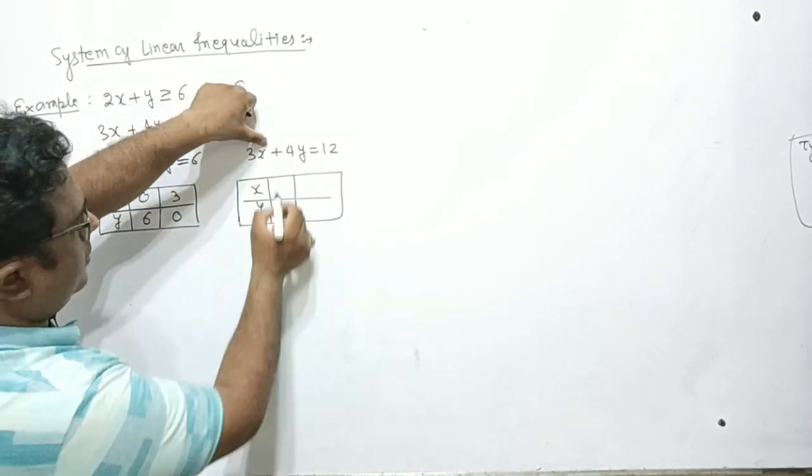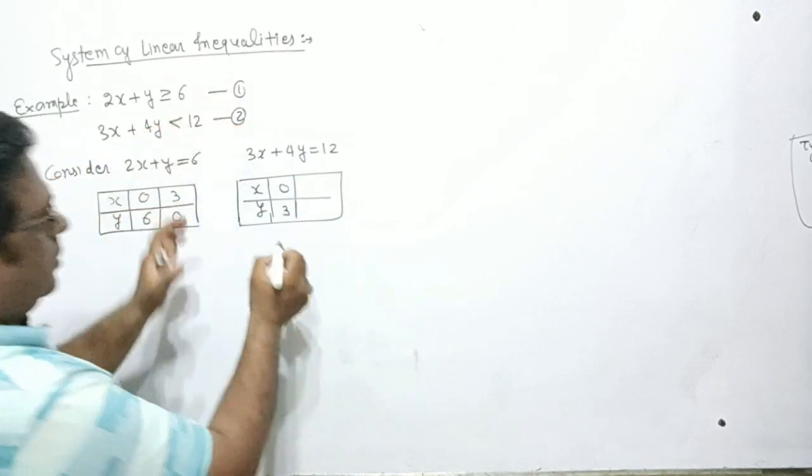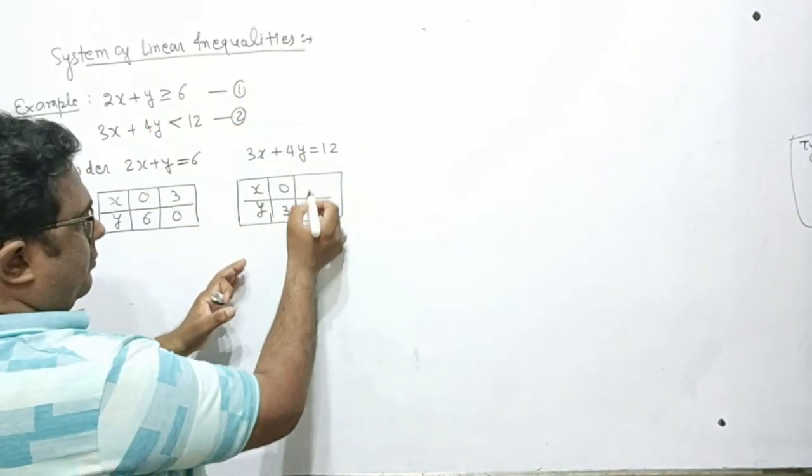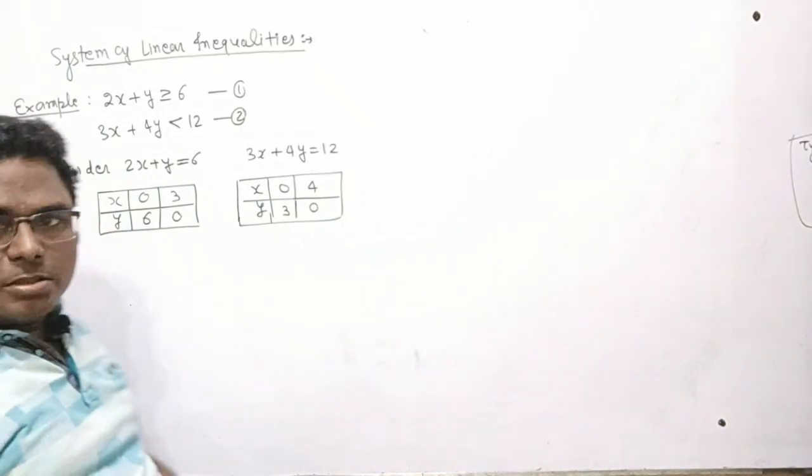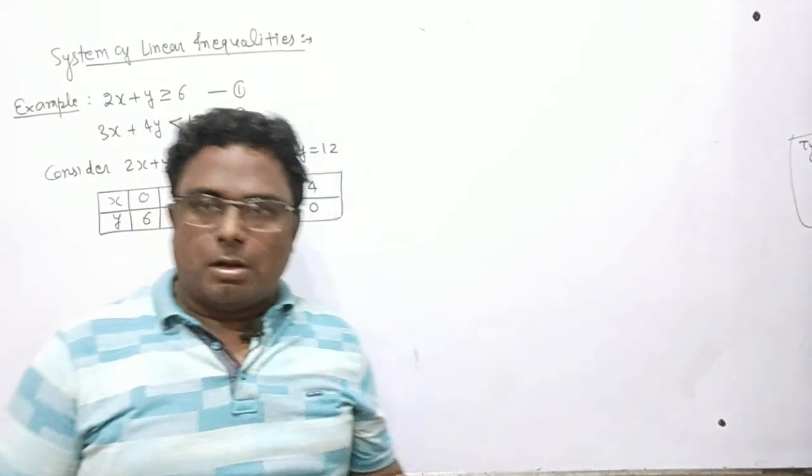If you put 0 here, then y will be 3. If you put 0 here, then x will be 4. Now we will plot these points on the Cartesian plane.